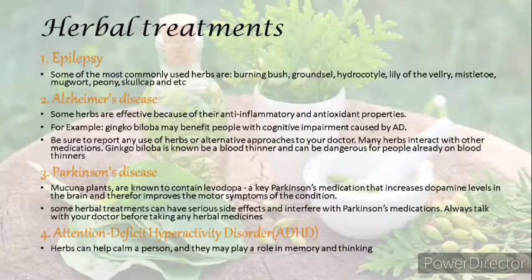To treat Parkinson's disease, mucuna plants are known to contain levodopa, a key Parkinson's medication that increases dopamine levels in the brain and therefore improves the motor symptoms of the condition. Some herbal treatments can have serious side effects and interfere with Parkinson's medications. Always talk with your doctor before taking any herbal medicines.